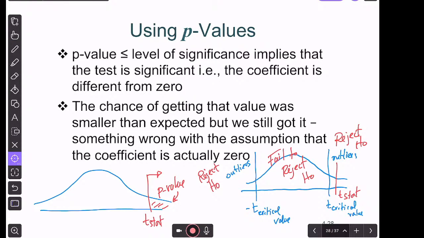So to get this blue curve, I assumed H naught is true. I drew my sample, calculated the slope, and figured out how many standard deviations I'm away from the hypothesized no slope result, and I ended up here. And this p-value is the probability of being here, assuming the slope was 0.